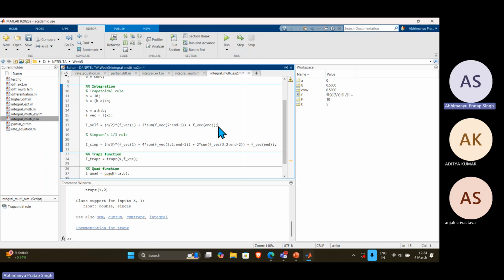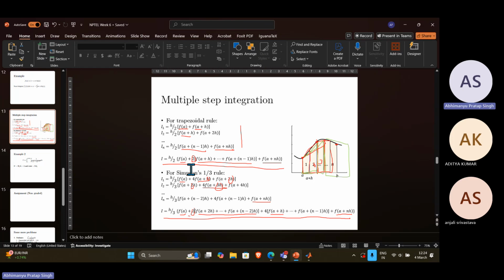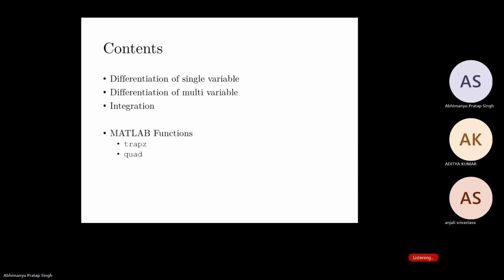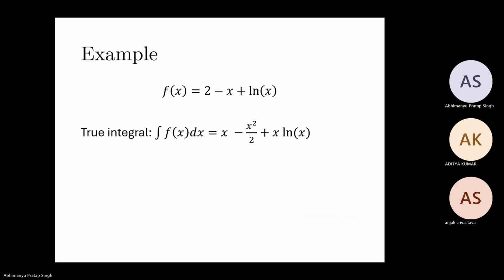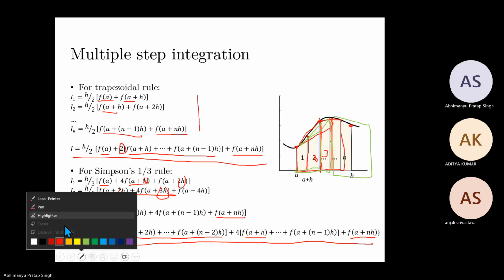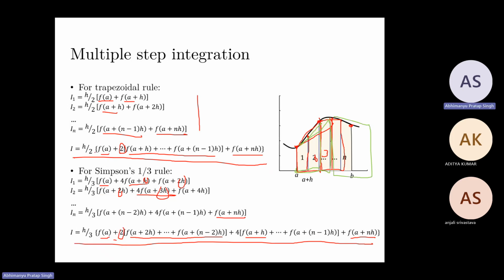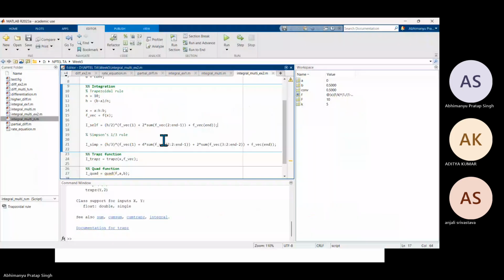This is my formula, this multi-step integration formula. This is my first point, the first element of the vector.